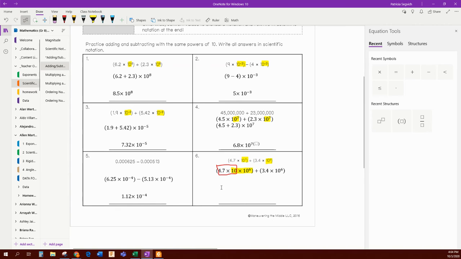So we are going to have 47 times 10 to the 6th. Let me put this in parentheses.